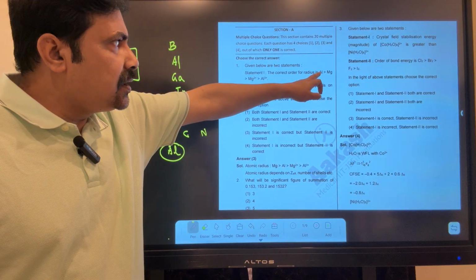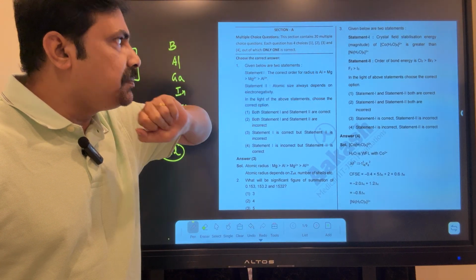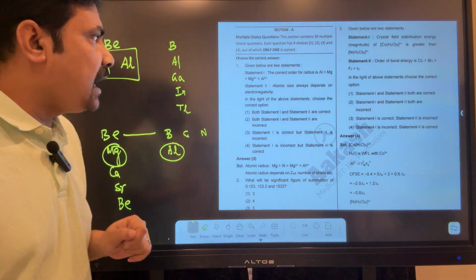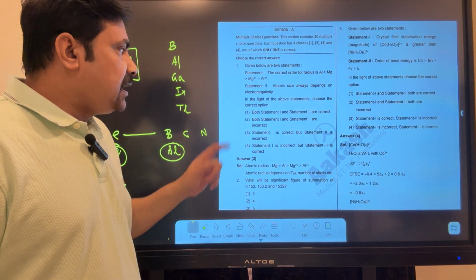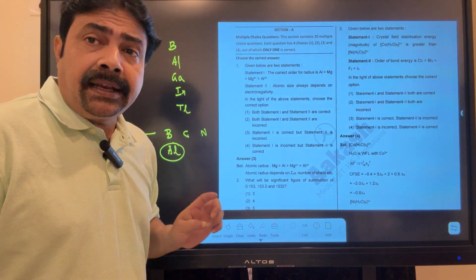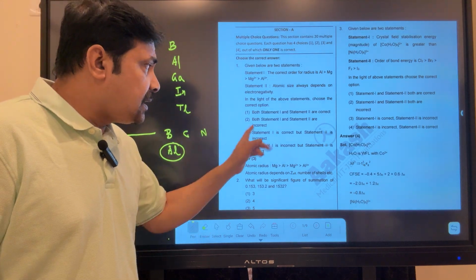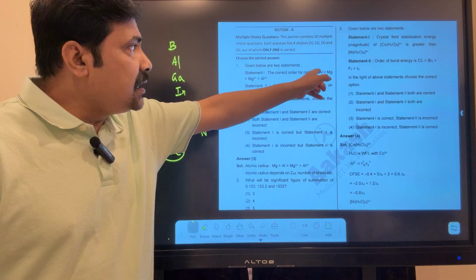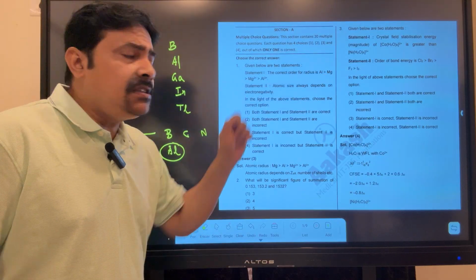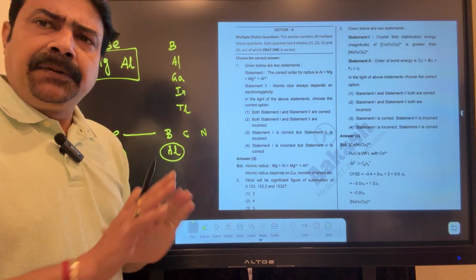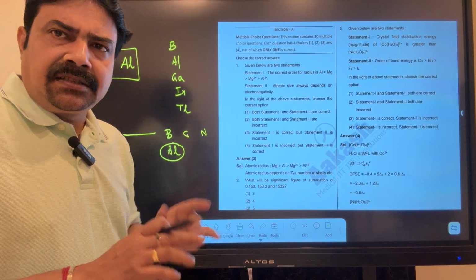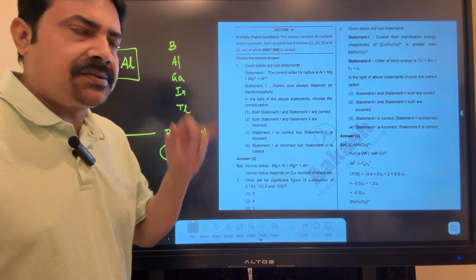That's why I told in the question this one should be magnesium. So magnesium is greater than aluminum and then Mg plus 2 and Al plus 3. Then only statement 1 will be correct and statement 2 will be incorrect. Third option will be the answer. Here I think some printing mistake is present. Point is clear. Basic funda: left to right size will decrease, top to bottom size will increase.